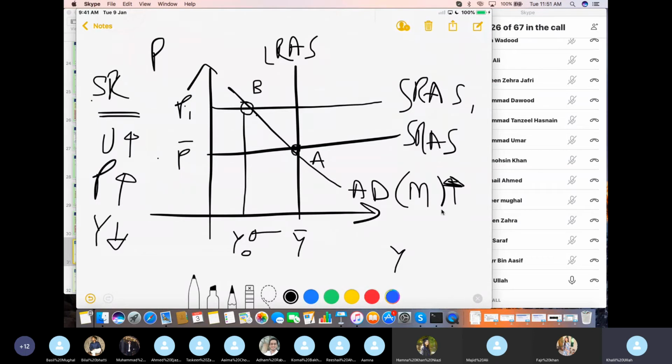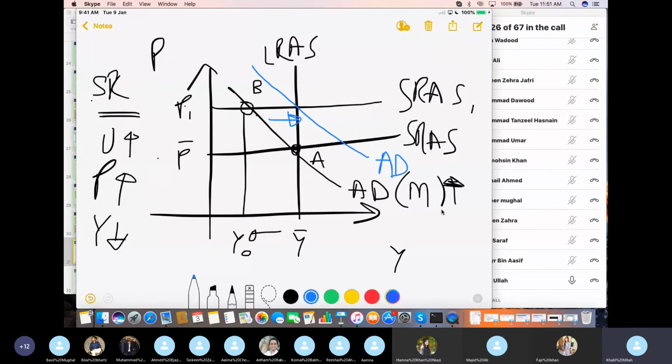What happens when the money supply increases? It causes your aggregate demand to start moving forward. By moving this aggregate demand forward, this is where the central bank is changing the demand.